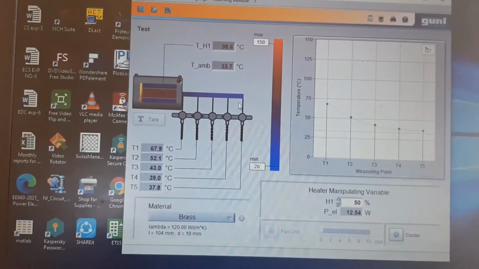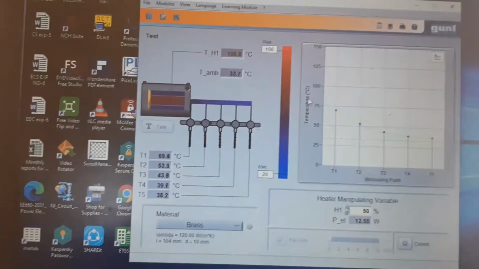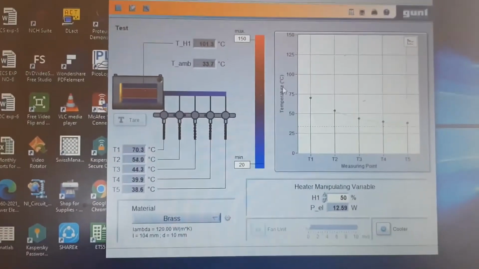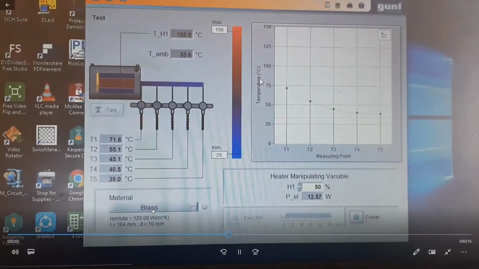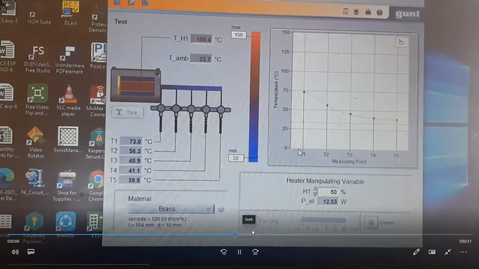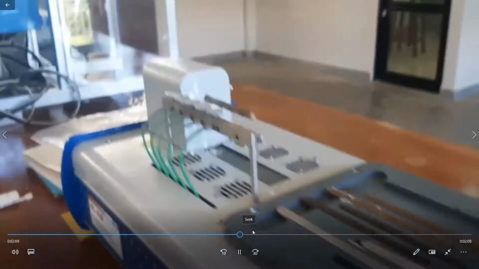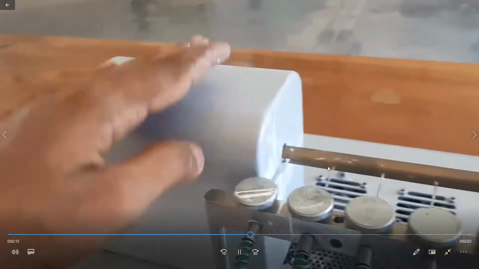So when it reaches 100, we'll say other things. Here you only have to understand the temperature curves. Here is where we apply the heat. The T1 point is near the heater. So heat will flow from T1 to T2, T3, T4, T5.